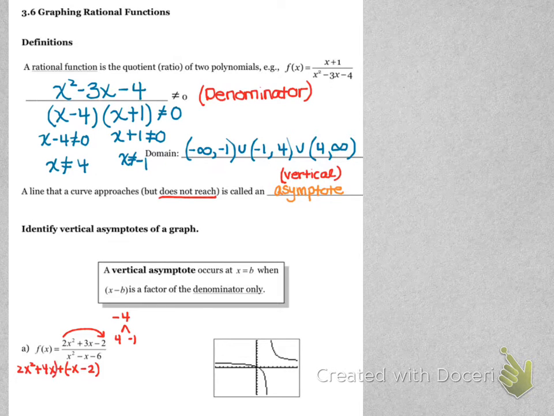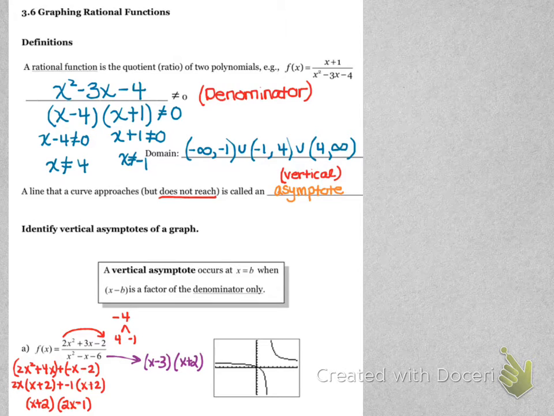Then we group them and pull out a GCF. So we have x plus 2 and 2x minus 1 as the factors of our numerator. And for the denominator, this factors into x minus 3 and x plus 2.